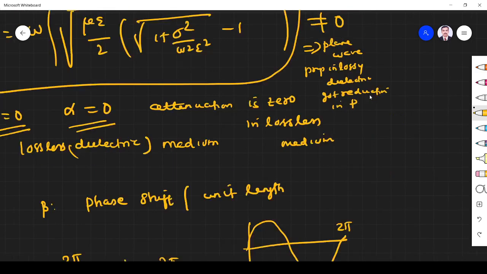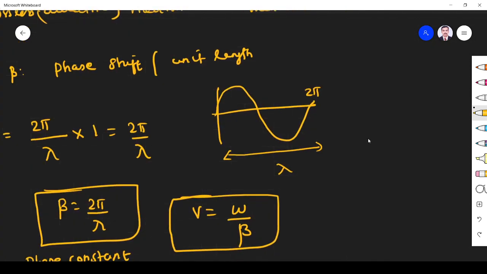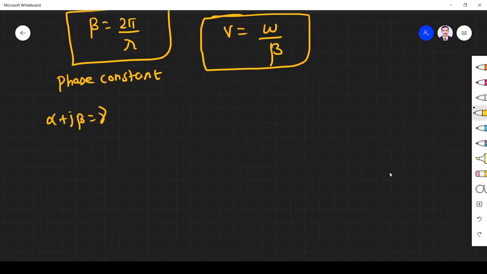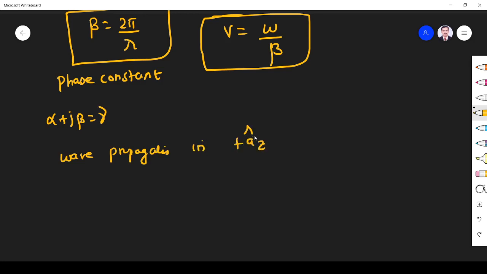Now we see what will happen when the wave propagates. Let us assume that the wave propagates in the plus az direction, the z direction, and it has only an x component of electric field.